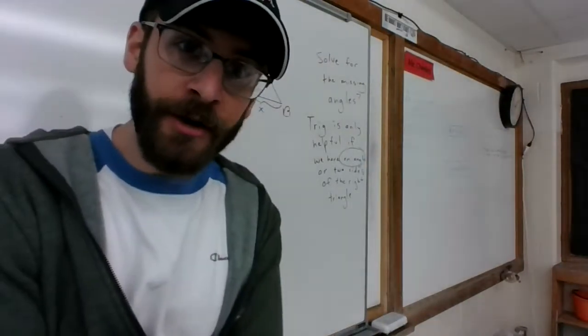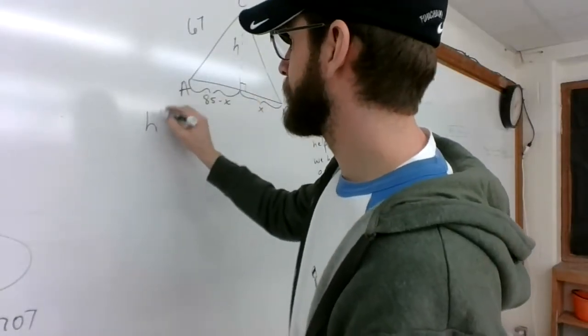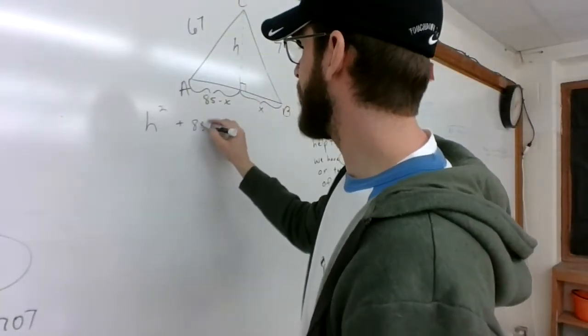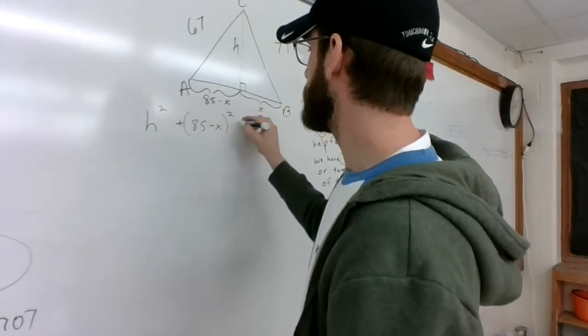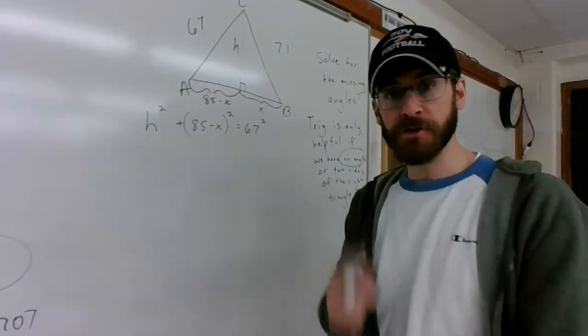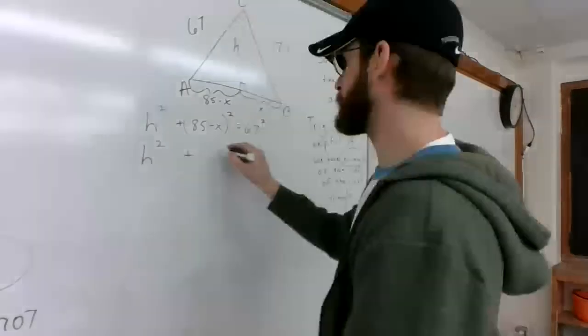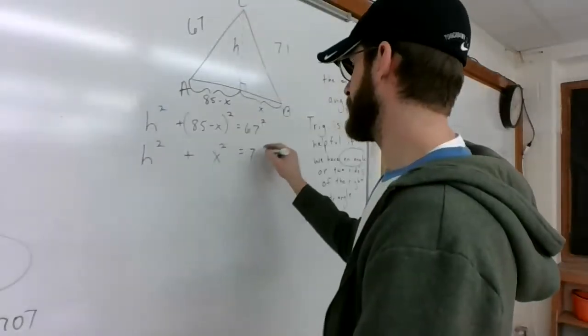We use the Pythagorean theorem. Check this. H squared plus 85 minus x squared equals 67 squared. We also have h squared plus x squared equals 71 squared.